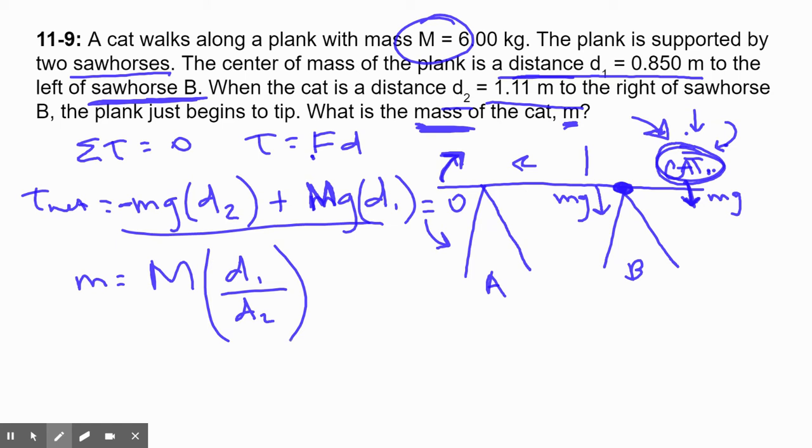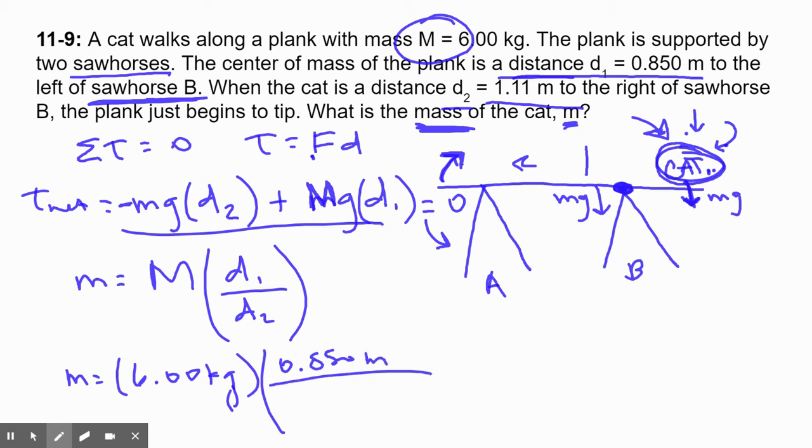Plug in all of your information. So M equals 6 kilograms times D1, which is 0.850 meters, divided by 1.11 meters. So the mass of our cat is going to be 4.59 kilograms.